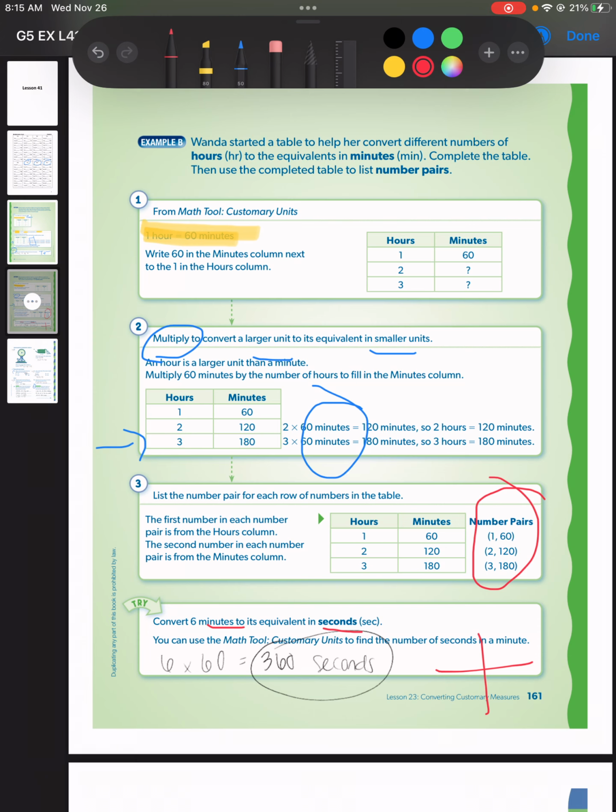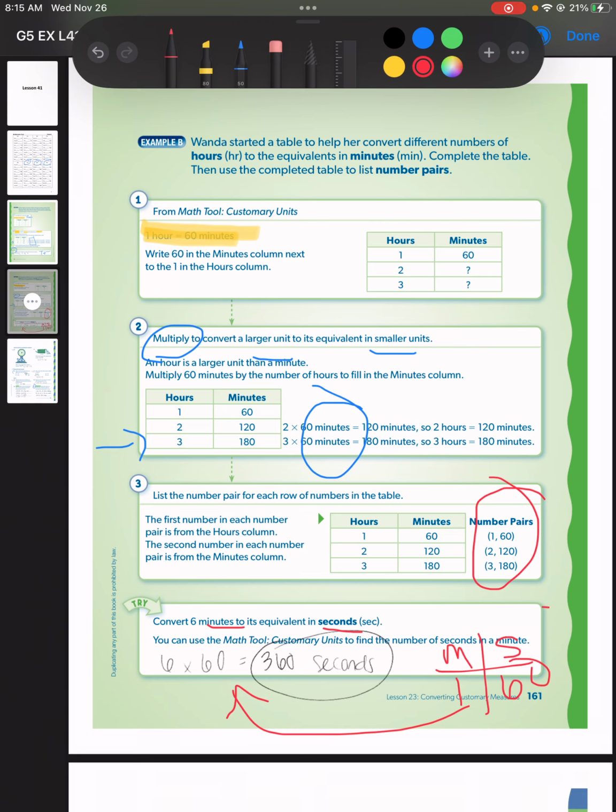We're going to start with minutes and go to seconds. And you ask students, what number do we start with? How many minutes do we always start with? We always start with 1. How many seconds are in a minute? There would be 60. Now I can use that information to determine how many seconds are in 6 minutes. I can multiply 60 by 6 and get 360 seconds.